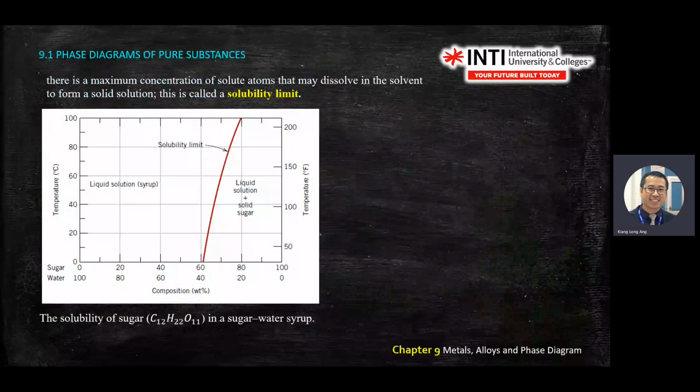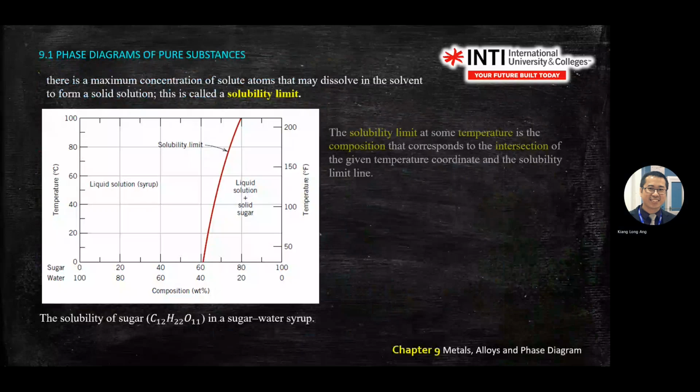This red line decides the limit at, for example, 20 degrees C. What does it mean? Look at the intersection at 20 degrees C. What will you have if you mix sugar with water?